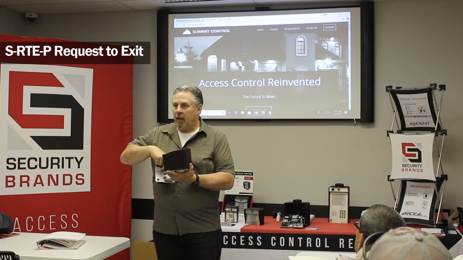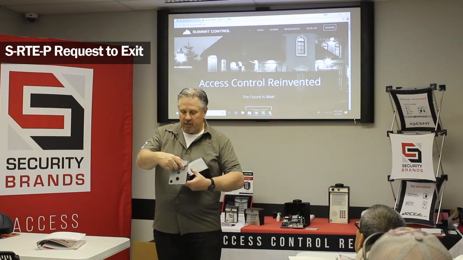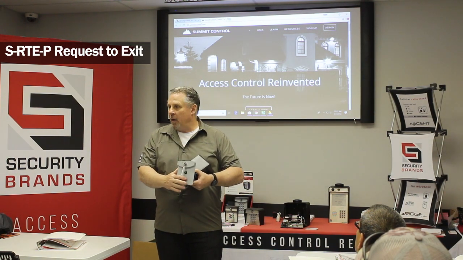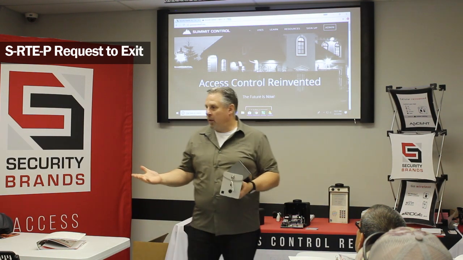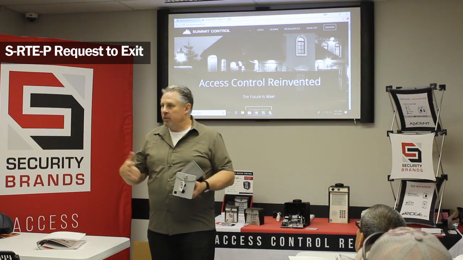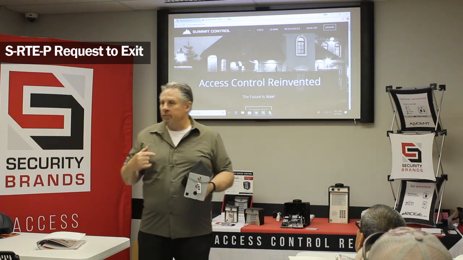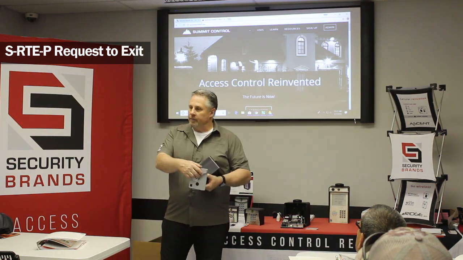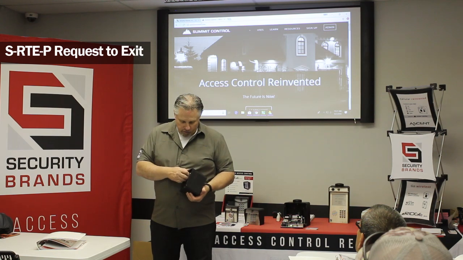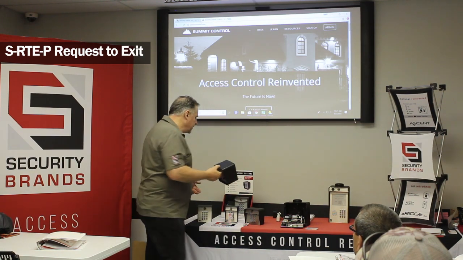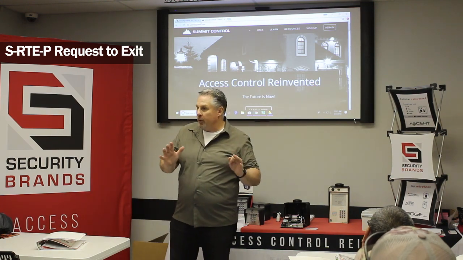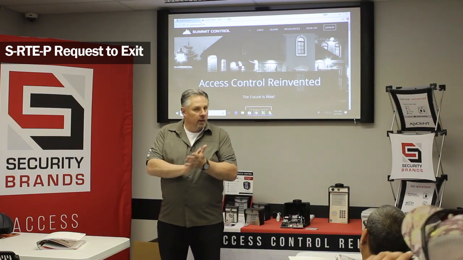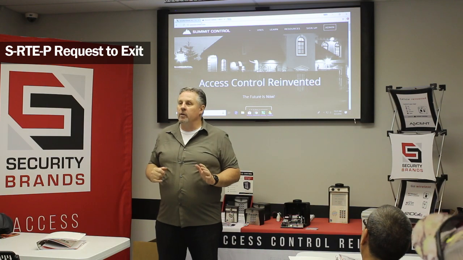I do have a second lock on here. The top lock is to access the panel. The bottom lock is to turn off the request to exit push button. So at a pool, after 10 o'clock when the hours are over, you can't jump the fence, push the button, and let all your buddies in. Any questions on that? Again, it's available in 433 frequency for my Ridge, or 300 megahertz.